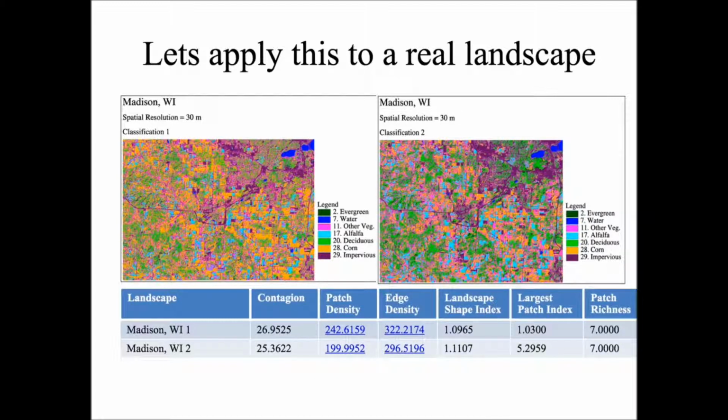It doesn't matter for this. What we're doing is comparing these two in terms of a set of metrics. The idea here is, again, that you've got the same composition, the same set of classes, and you've selected a set of metrics to evaluate and compare these two landscapes.